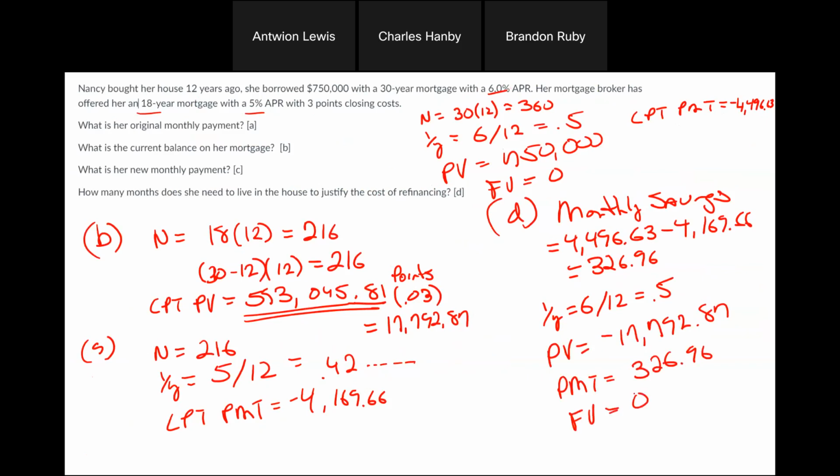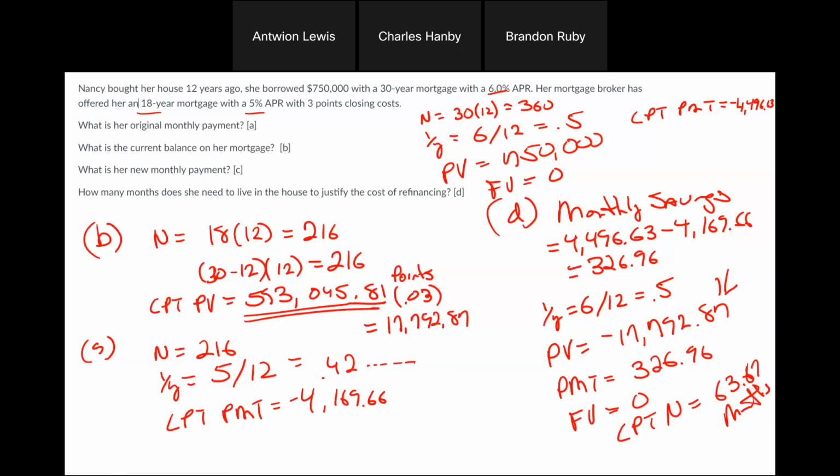That's just telling it you're amortizing all this 17,000. Then compute N, and you get 63.667 months. So she needs to live in the house just over 5 years to justify paying those points.